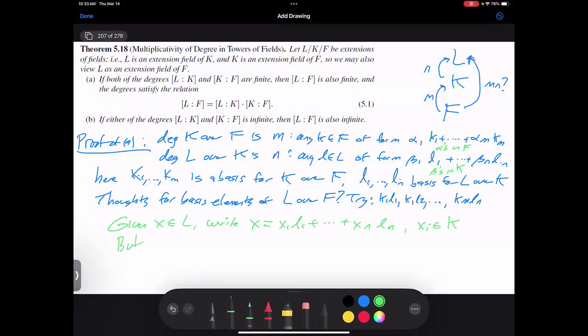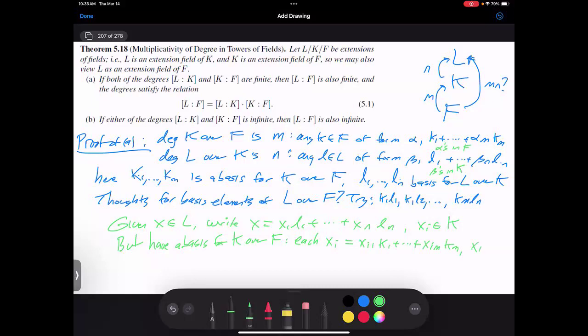But we have a basis for K over F. So each Xi, I can write as maybe Xi1 K1 plus dot dot dot plus Xim Km.